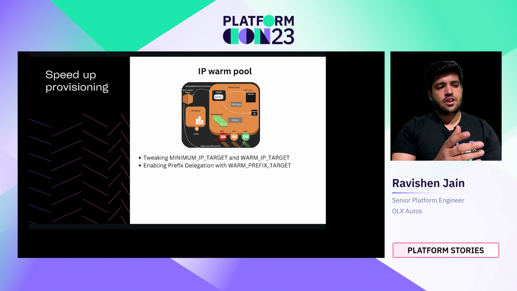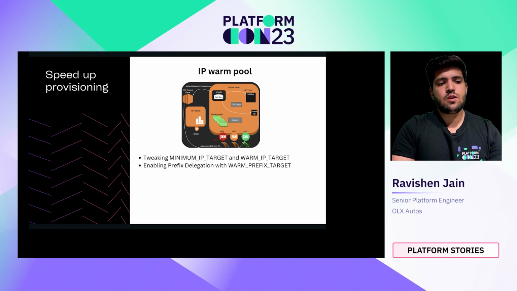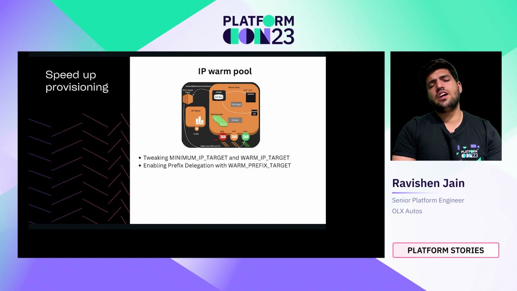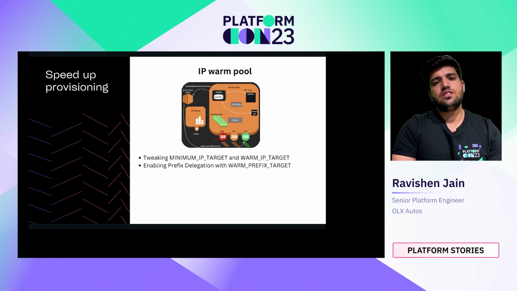For example, in our scenario, it doesn't have to call your EC2 API every time it needs to get an IP, right? So you can tweak these settings using your minimum IP target and warm IP target. But I would suggest to carefully make the decision of what your target pool should be. Don't go too overboard on this, because if you have limited IPs in your subnet, then this might trigger another issue of your IP exhaustion.